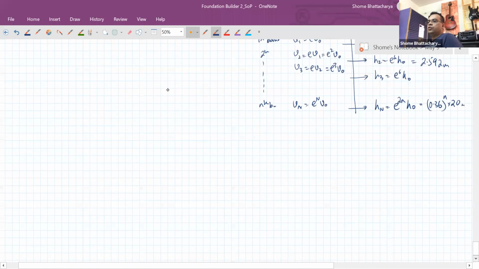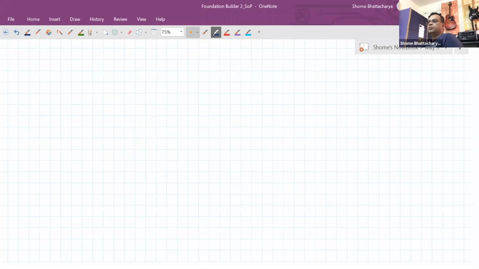Now next we'll look at the oblique collision of a particle with a rigid surface.